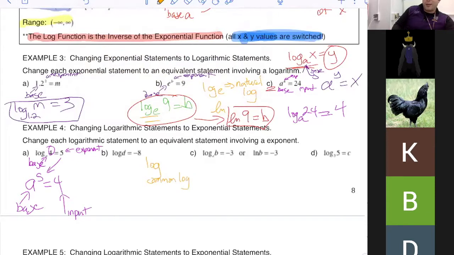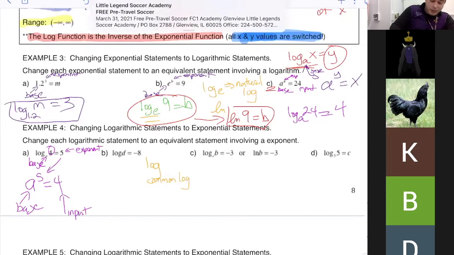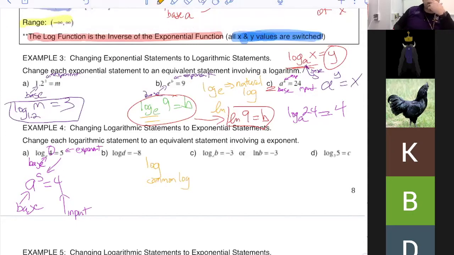The reason we call it common log is because it's actually used a lot in research. The Richter scale is based on log base 10. Decibels for hearing are based on log base 10. pH levels, like pH balance. There used to be commercials for deodorant, strong enough for a man, but pH balance for a woman. They also talk about the same thing for hair shampoo.